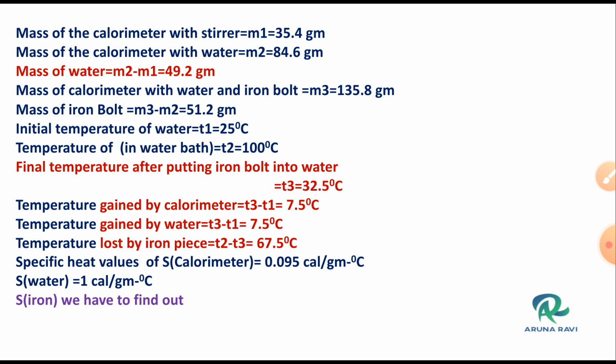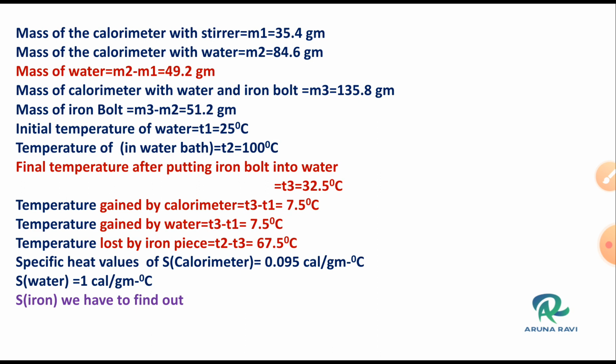Initial temperature of the water is 25 degrees centigrade, and the temperature of the bolt is 100 degrees centigrade. When we transfer the iron bolt into water, the final temperature T3 is 32.5 degrees centigrade, recorded as the final temperature.